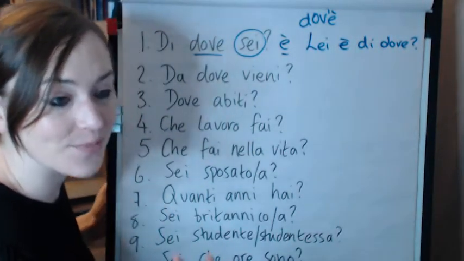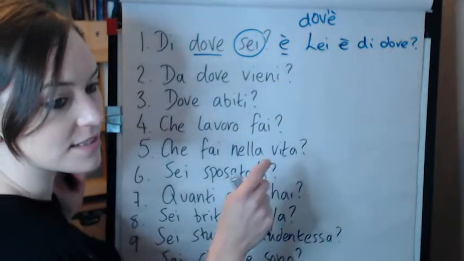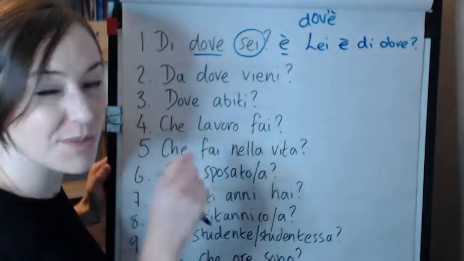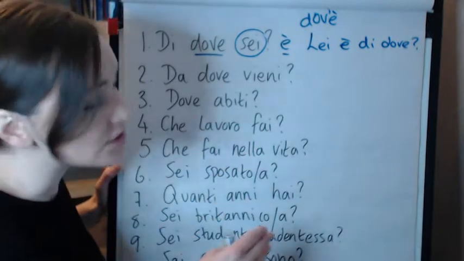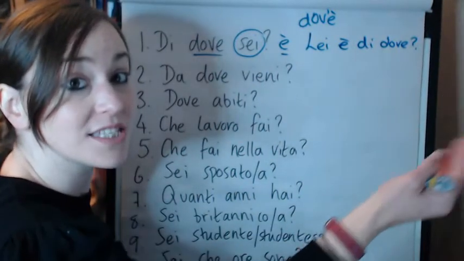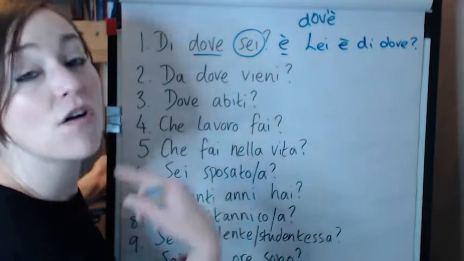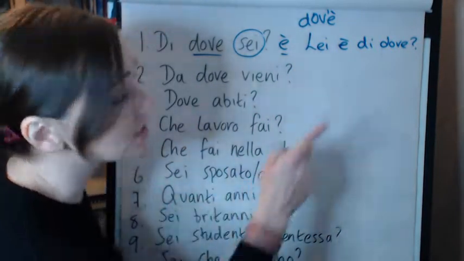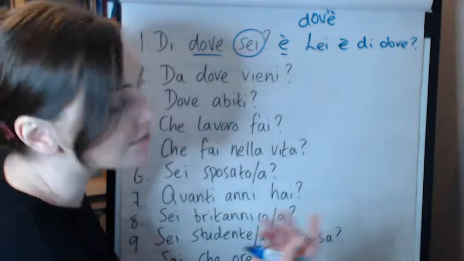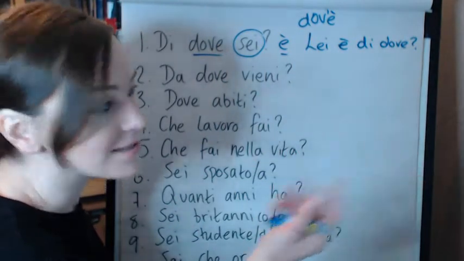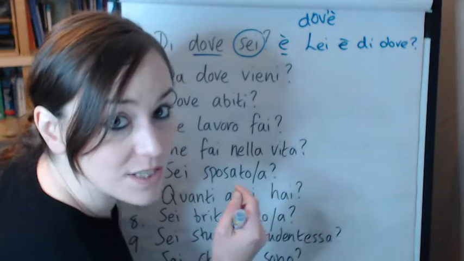You might hear that as well. We're not going to rearrange all of these sentences, but it can happen. If you want to clarify that you're addressing someone formally, you can put lei at the beginning, followed by the verb in the third person singular to agree with lei. It's as if you're saying he or she is. And then put whatever the rest of the question is, okay?